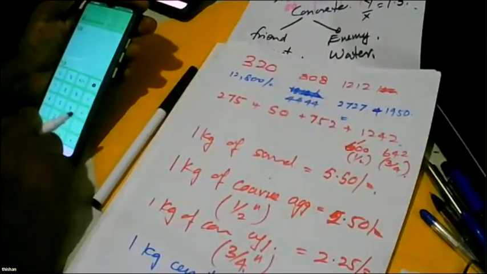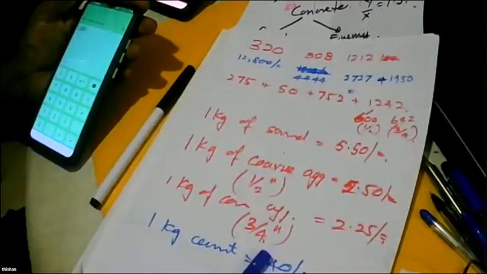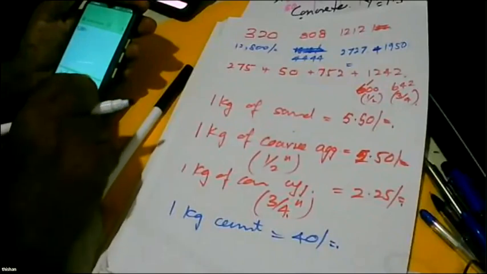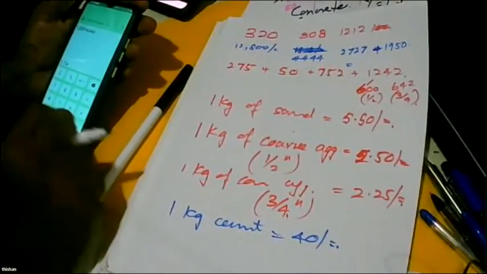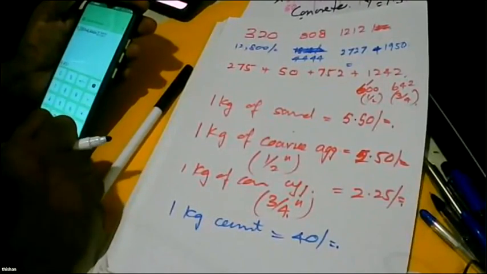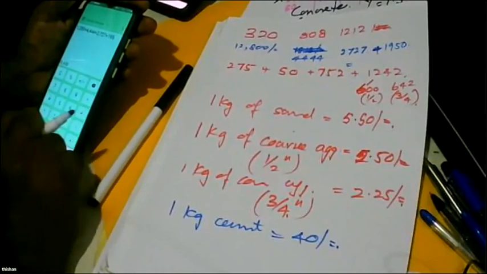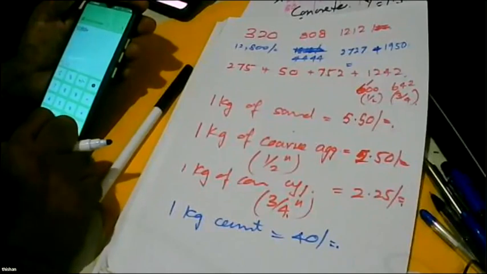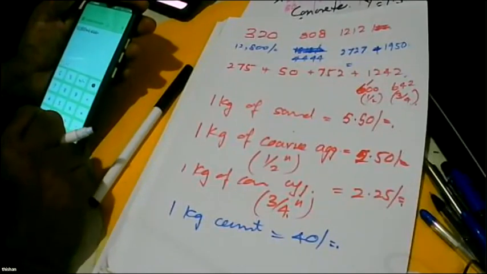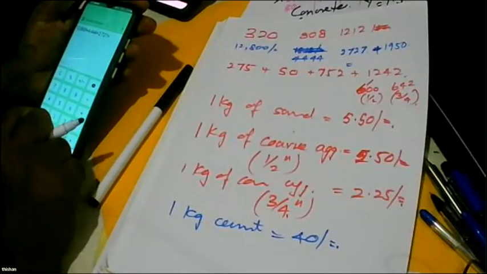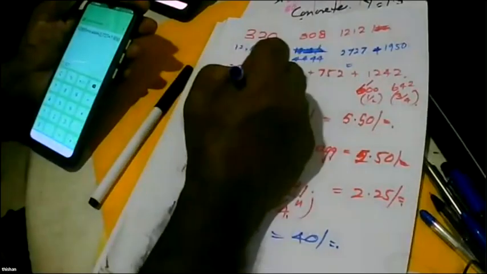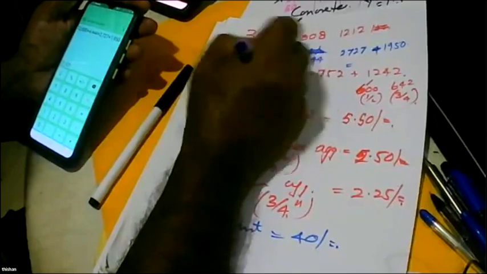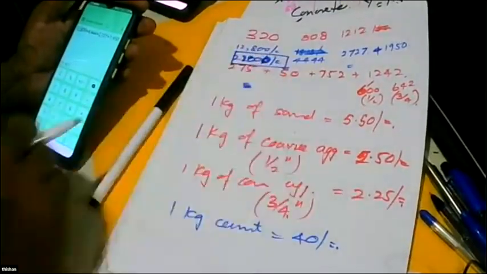So the answer is 12,800 plus 4444 plus 2727 plus 1950, which is 21,000, 22,000. Approximately 22,000. Now we look at the other one.